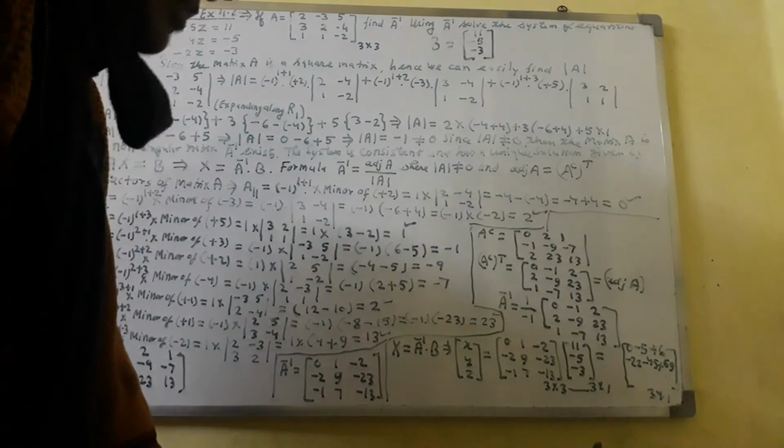Again, 11 will multiply to minus 1 comes out to here minus 11.